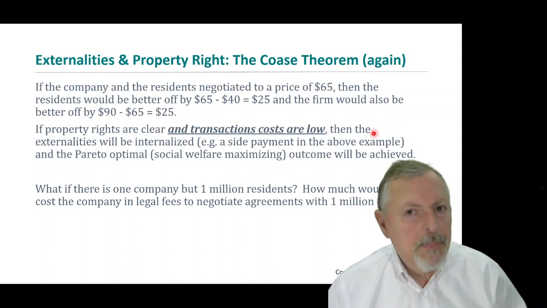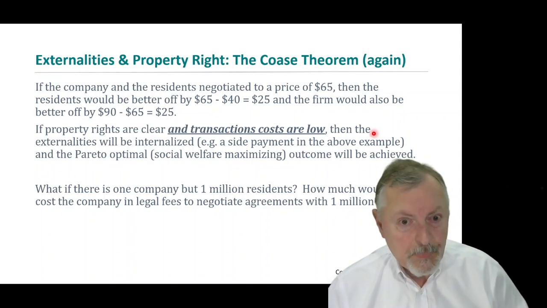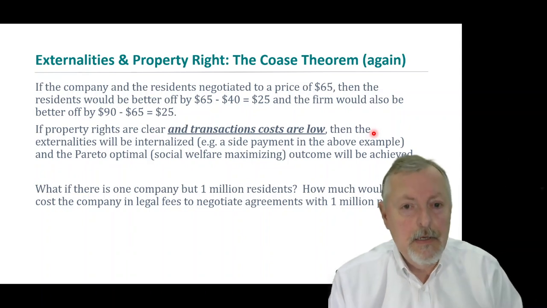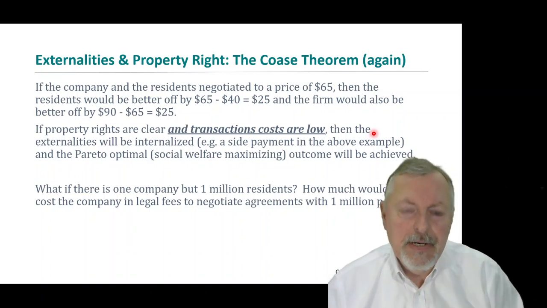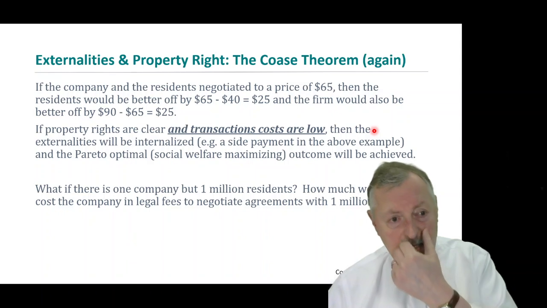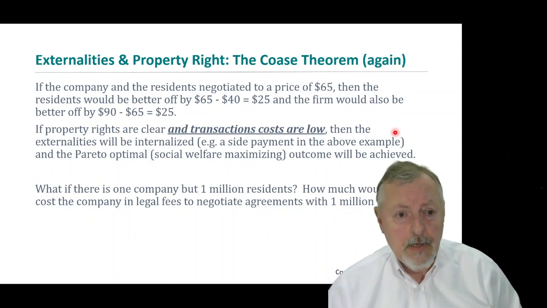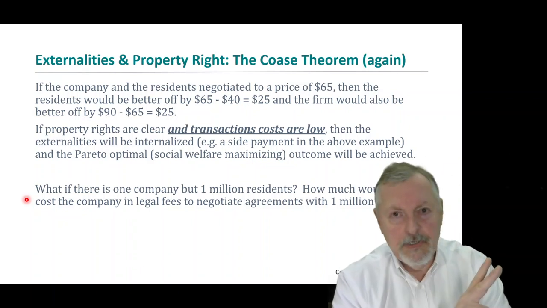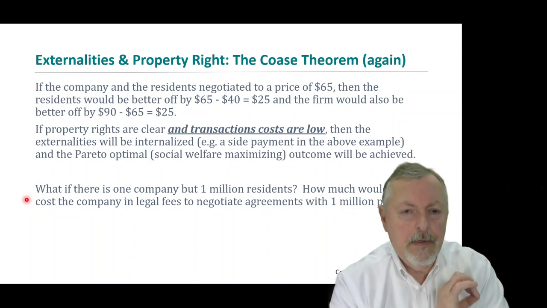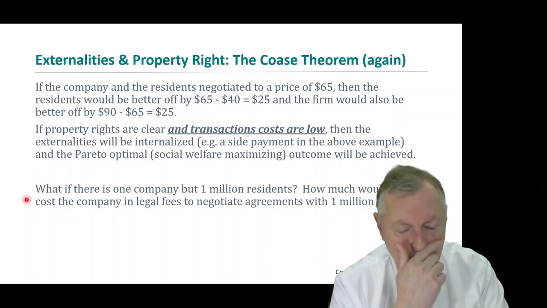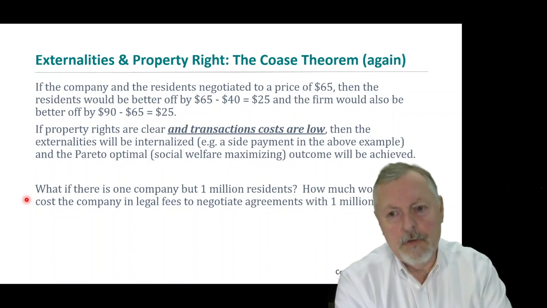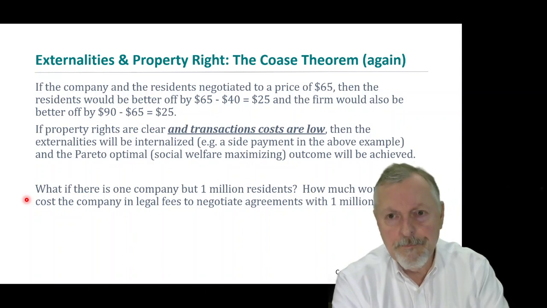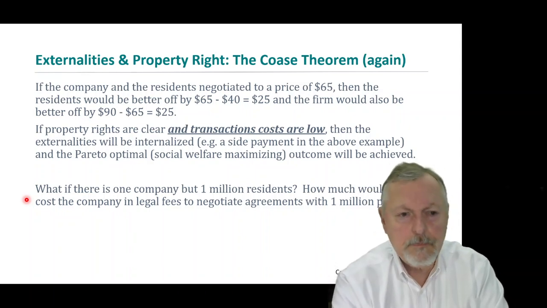Not only do the property rights have to be well defined so that people know who owns what so that they can trade, but the cost of making those trades has to be low. These are the two reasons why Coasean bargains are very difficult to use in environmental situations, especially pollution.